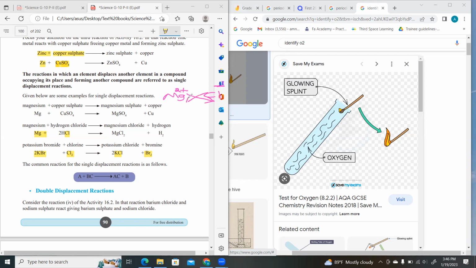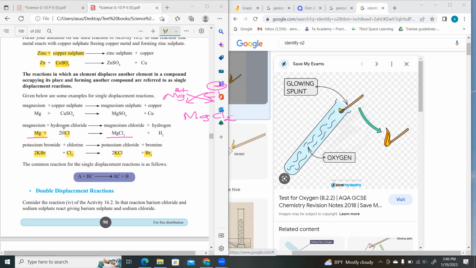Always we have to exchange the charges when we are writing the formula. Here the number is 1, so nothing to move below Mg. But when you take this 2 below chlorine, it will be MgCl2. So MgCl2 is a product.